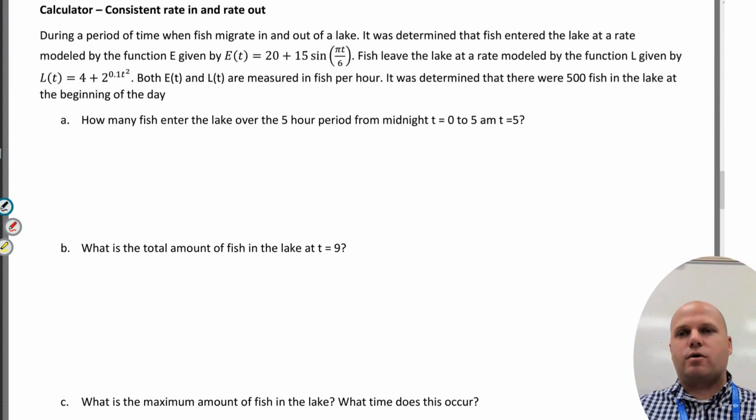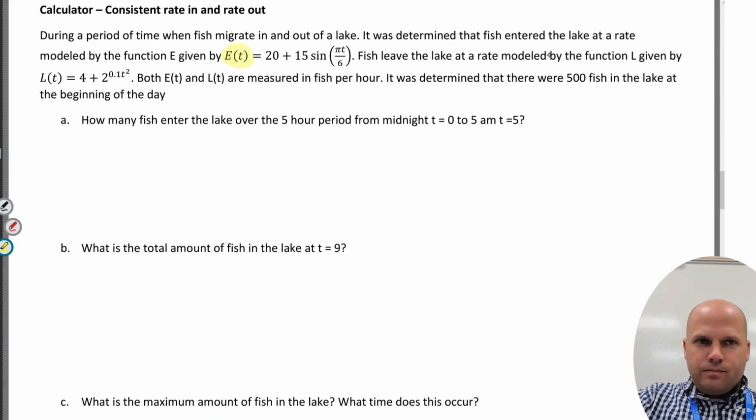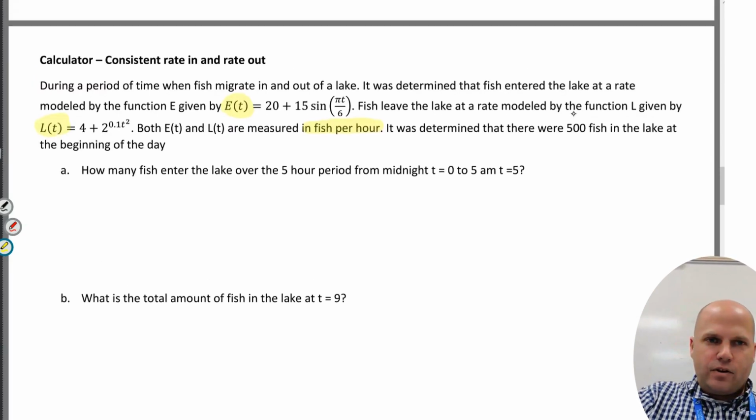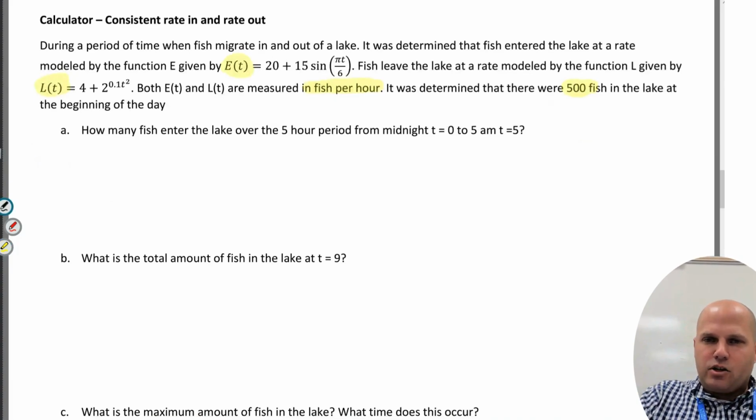Same type of situation where we have this consistent rate in and rate out. We're talking about fish migrating in and out of a lake. We got fish entering, fish leaving, fish per hour. There were 500 fish at the beginning of the day. All right, cool. So just going to put my chart over here and understand that.